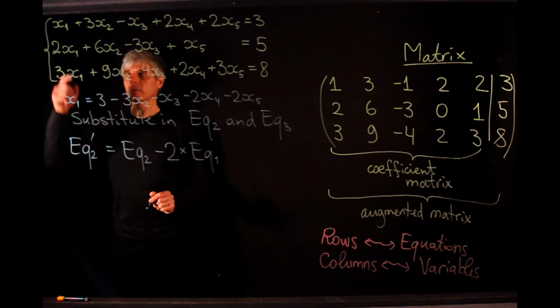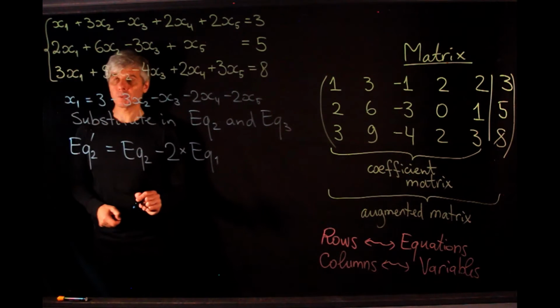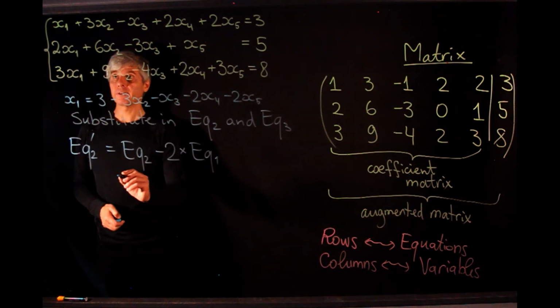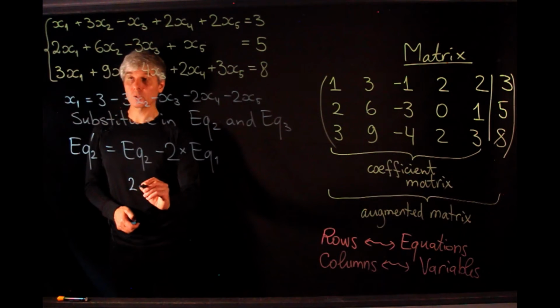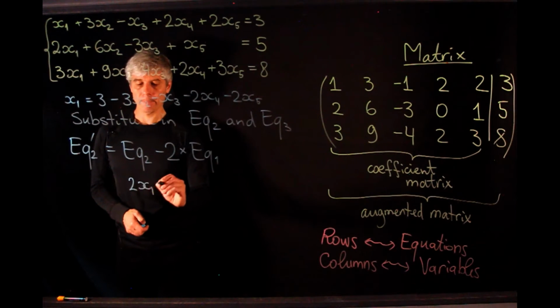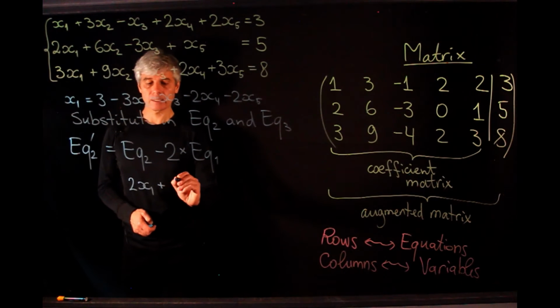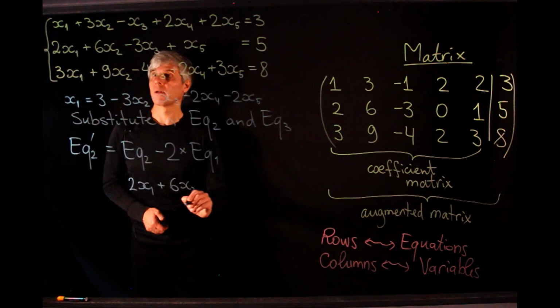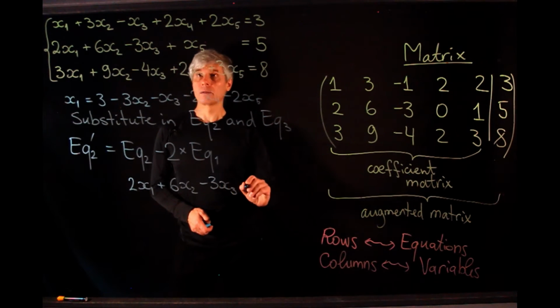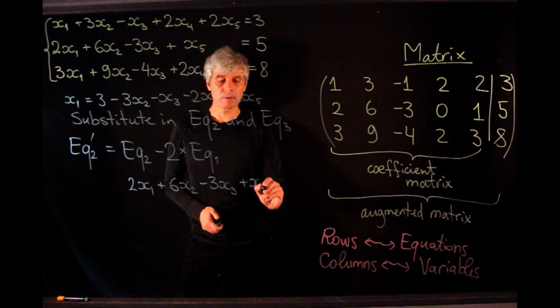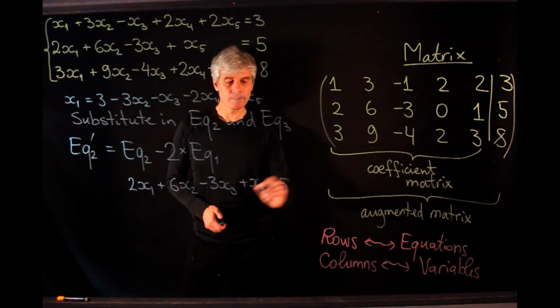So what will happen? We have equation 2, which is 2x1 plus 6x2 minus 3x3 plus x5 is equal to 5.